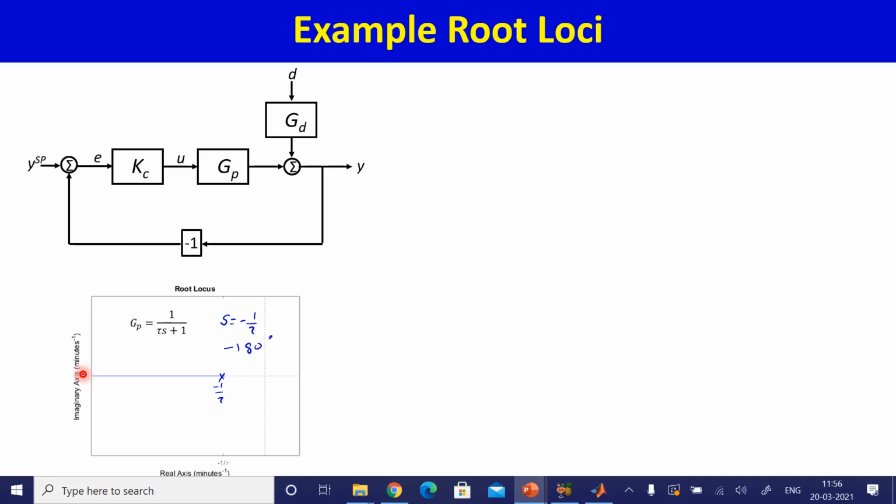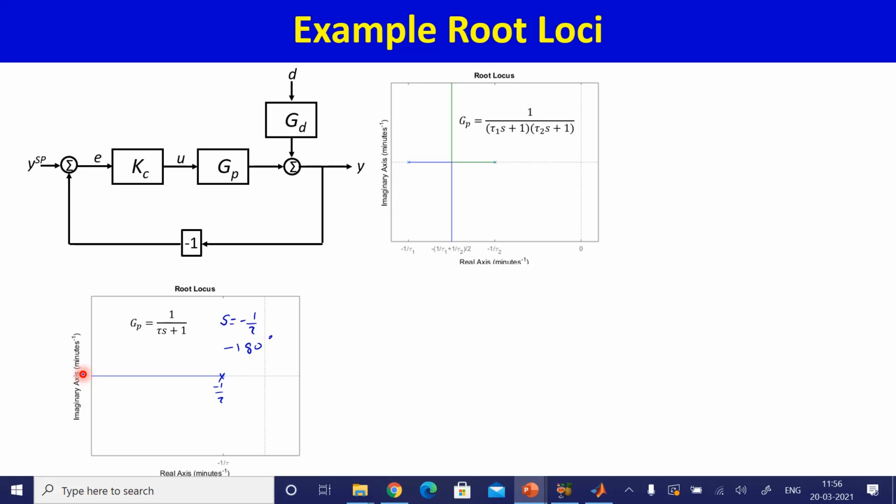Now let's look at the root locus for a second order system, and we have the second order system over here. It has two real roots, s equal to minus 1 by tau 1 and minus 1 by tau 2.